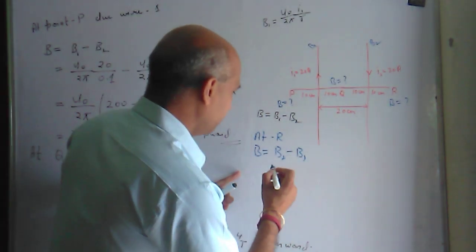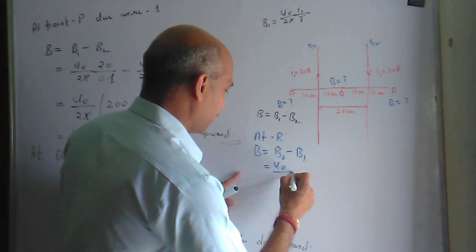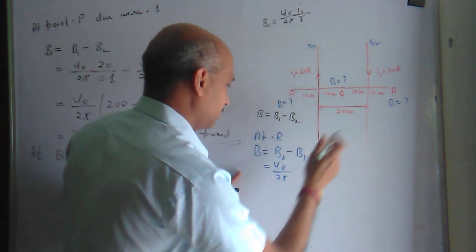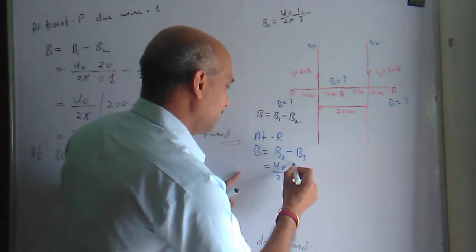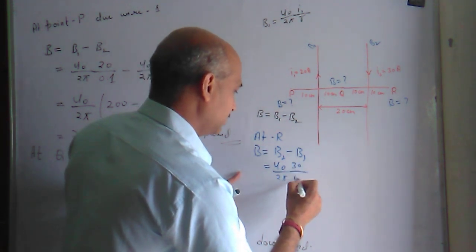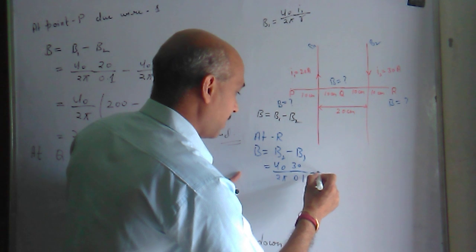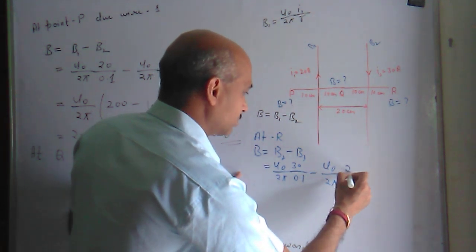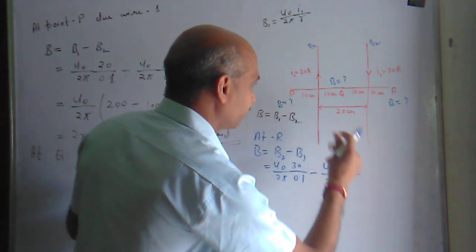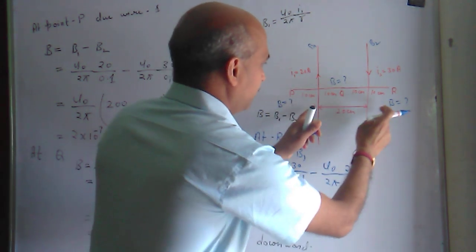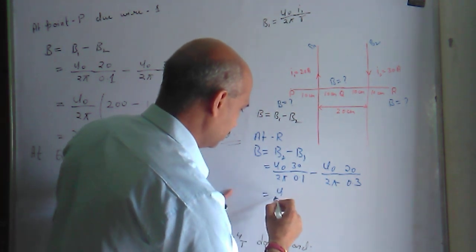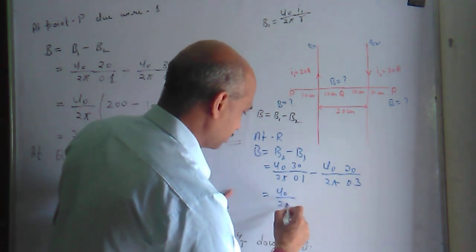So B2 minus B1 means mu 0 upon 2 pi, and the value of I will be 30 upon 0.1, minus mu 0 upon 2 pi, and it is 20 upon 0.3. So mu 0 upon 2 pi is common, take it common.